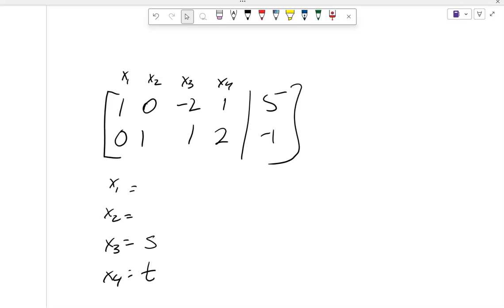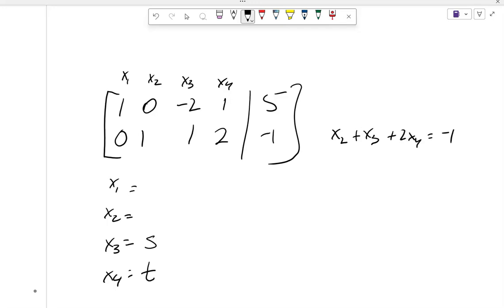Looking at the second row, I'm going to write this off to the side, and then I'll write the solution back over here. What equation would come out of the second row? x2 plus x3 plus 2x4 equals -1. Good.